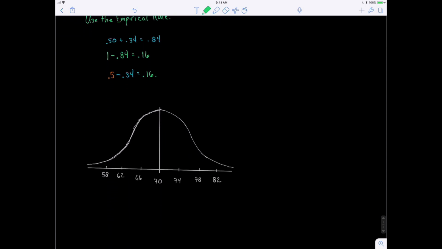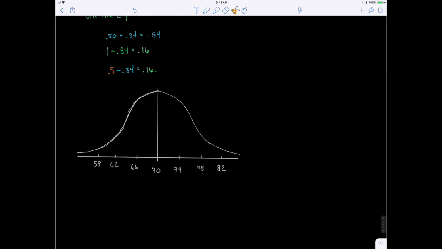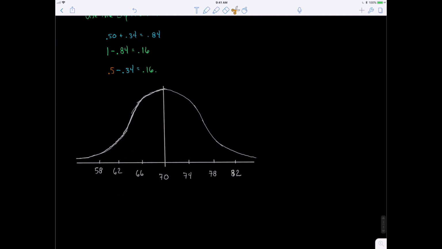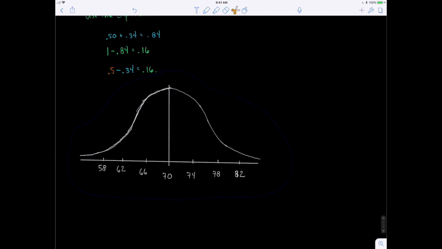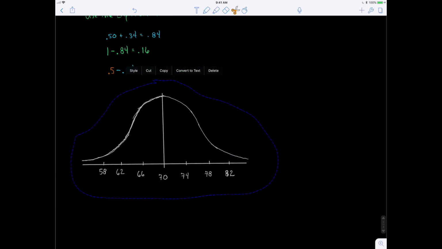And look at that. We have exactly one more normal distribution right here just waiting to be utilized. So we'll straighten that out, maybe make it even a little bit bigger and straighter. Okay, here we go. So let's go back to our gray.